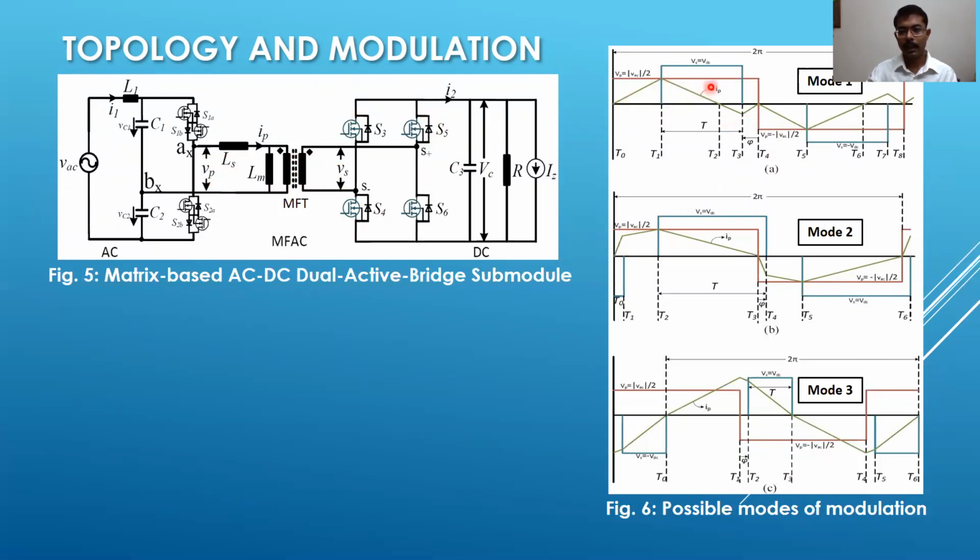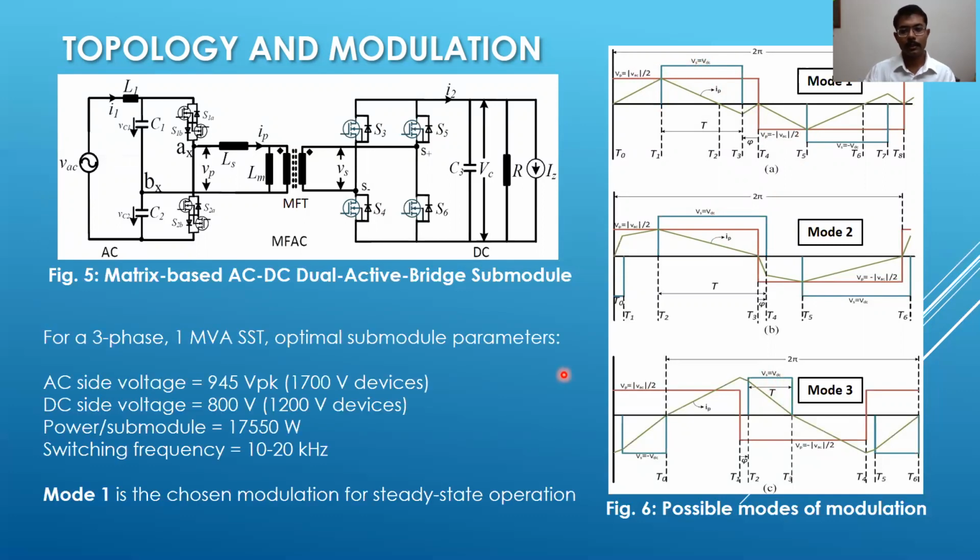So we can have these three possible modes of modulation, where for mode 1 we can see that the pulse generated by the secondary side is within the primary side square waveform, whereas for mode 2 the secondary side pulse is partially outside, and for mode 3 the secondary side pulse is completely outside.